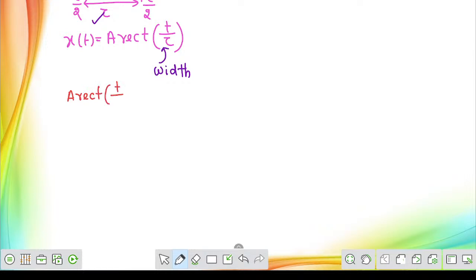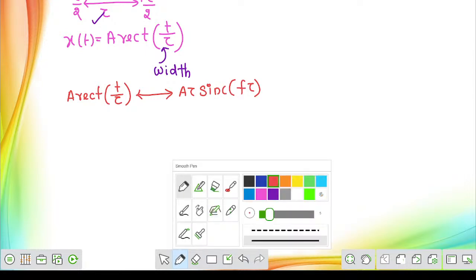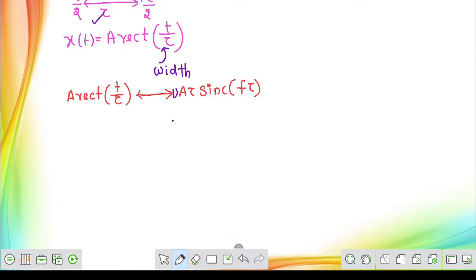If you have a function rect of t by tau, its corresponding Fourier transform can be written as A tau into sinc of f tau. That is one way of representing it. The second way of representing it is A tau into sinc of omega tau by 2.